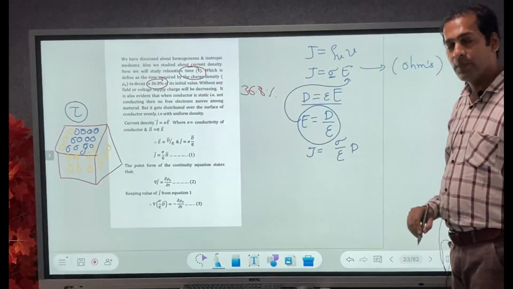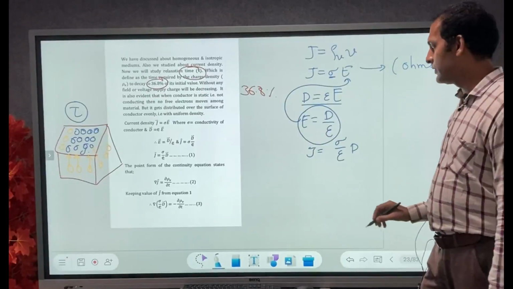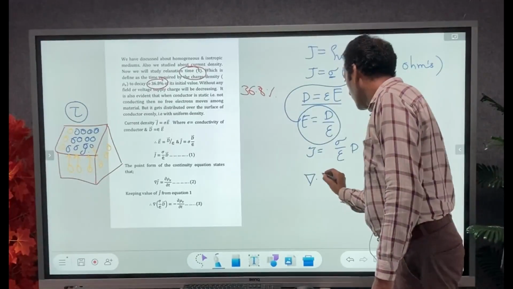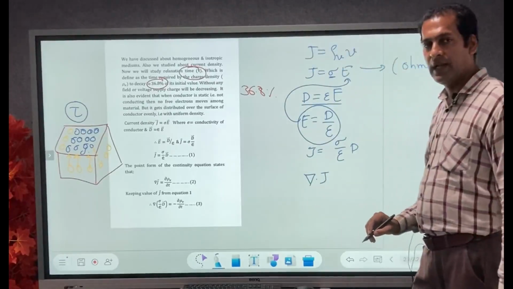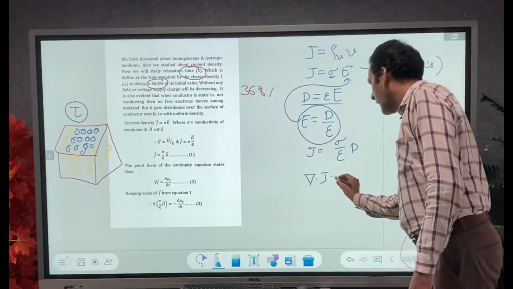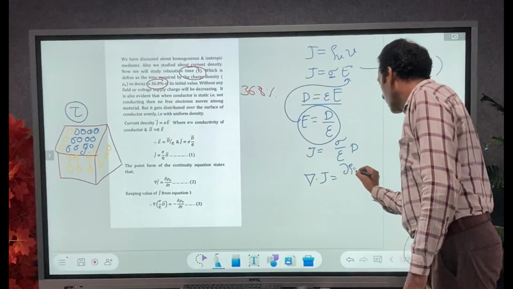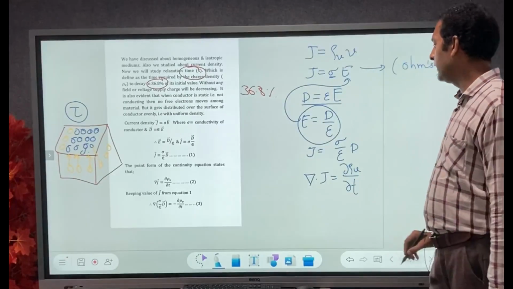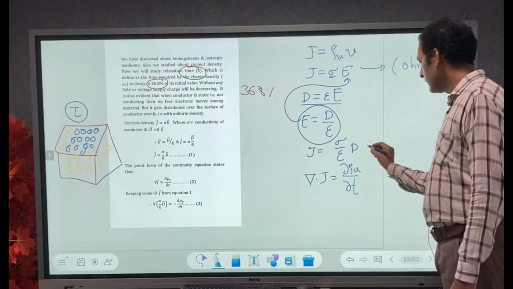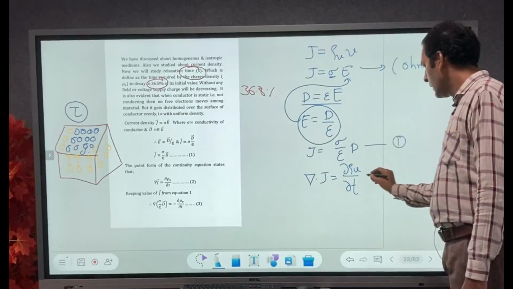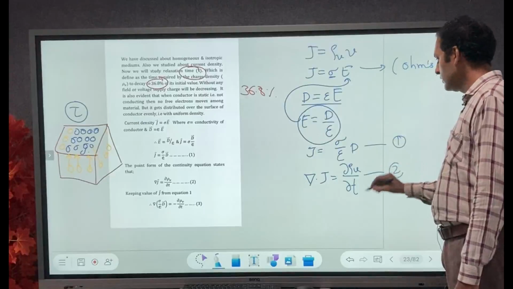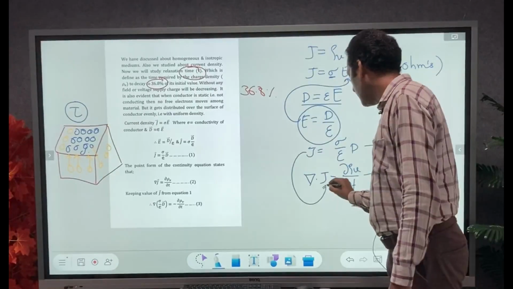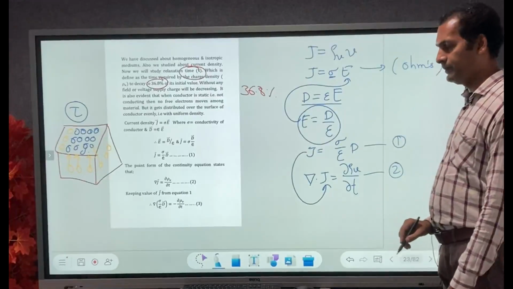We have also derived the point form of the continuity equation. What is the continuity equation? It gives del dot J, which we derived as minus dou rho V by dou T. Now if we consider this as equation 1 and this as equation 2, we will keep this value of J into this expression.